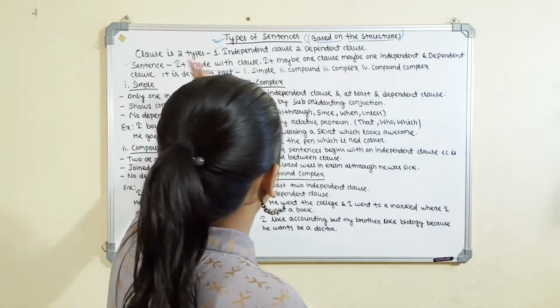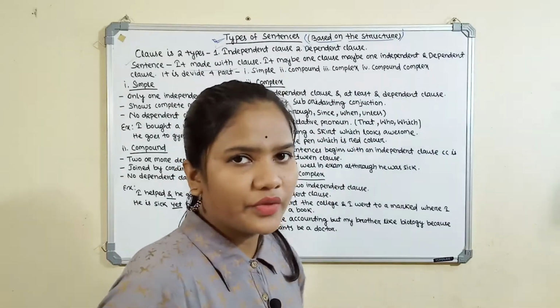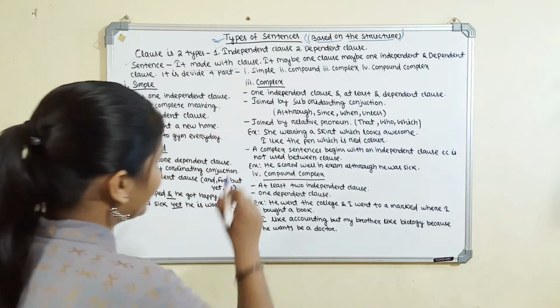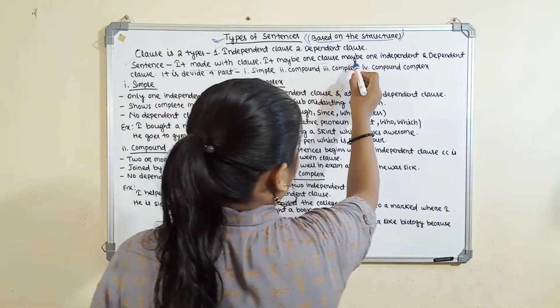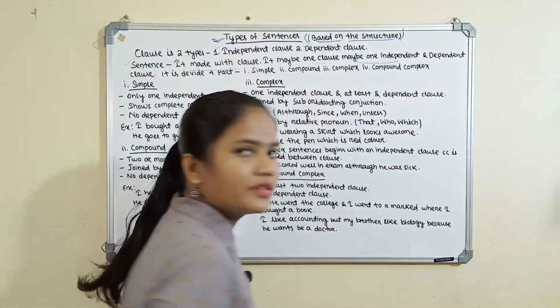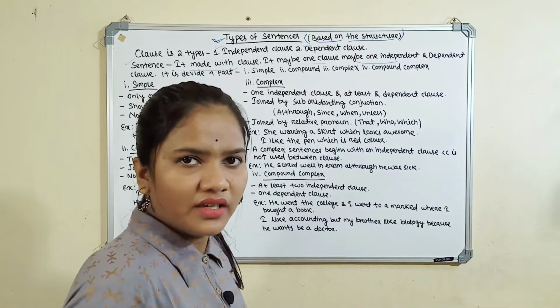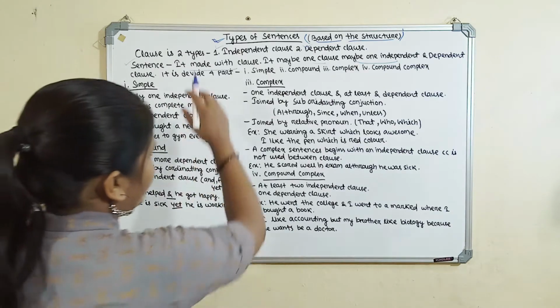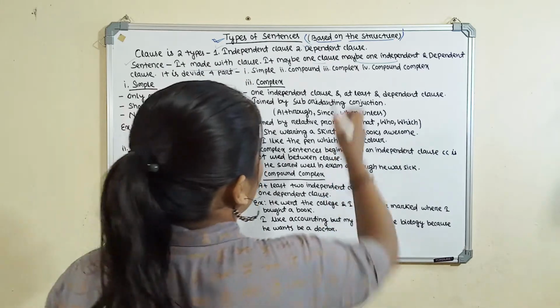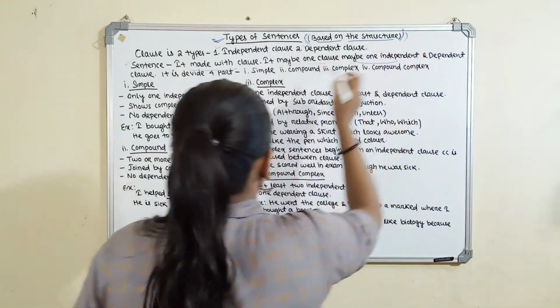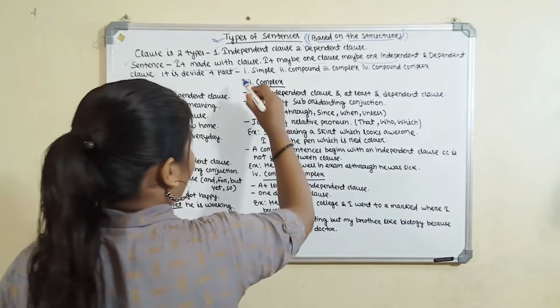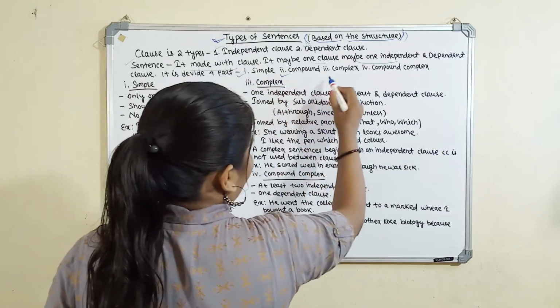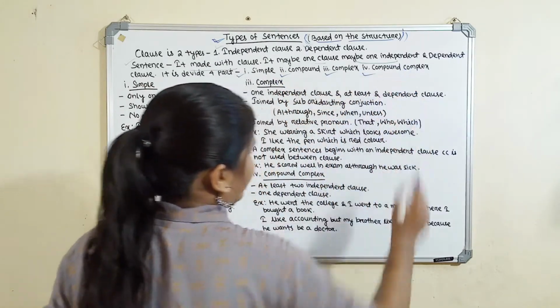So a sentence may have one clause or 2 clauses, dependent or independent. Based on the arrangement of clauses, that is, on structure, the sentence is divided into 4 parts: simple, compound, complex and compound complex.